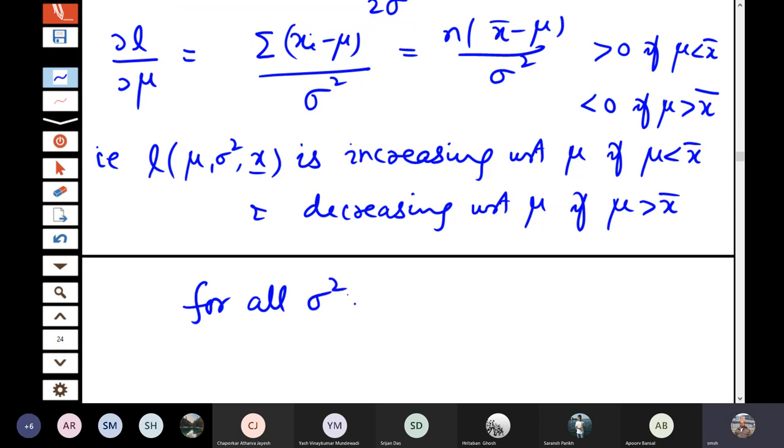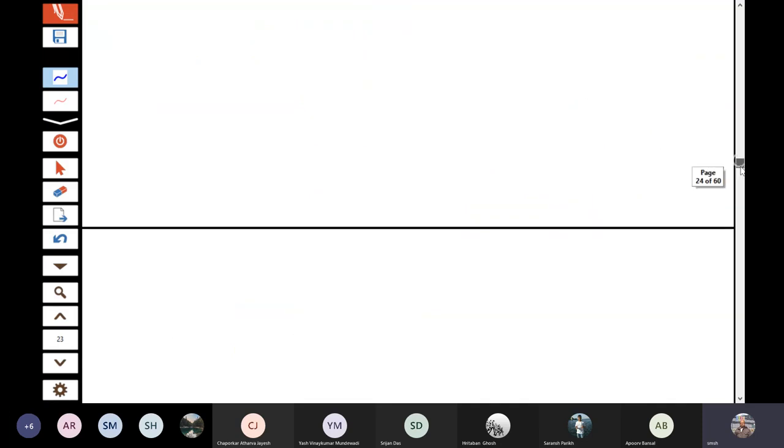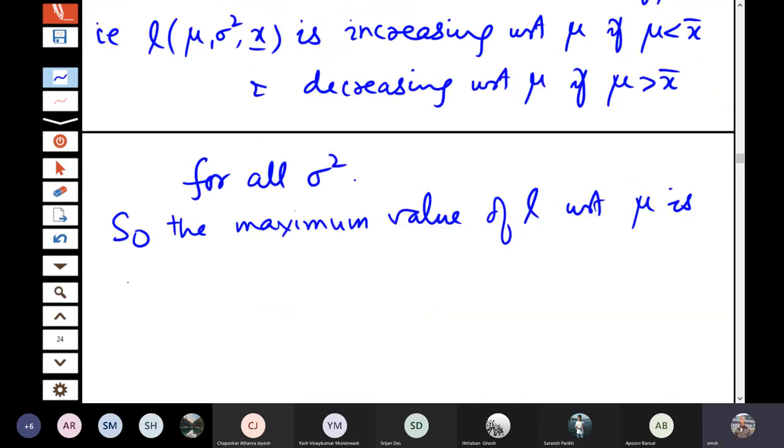So that means with respect to mu, the maximization is at x bar. So the maximum value of L with respect to mu is attained at mu is equal to x bar.